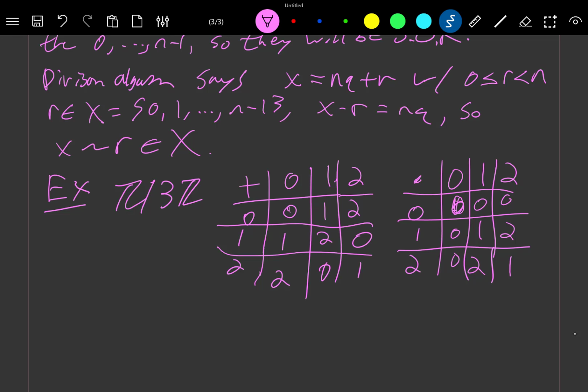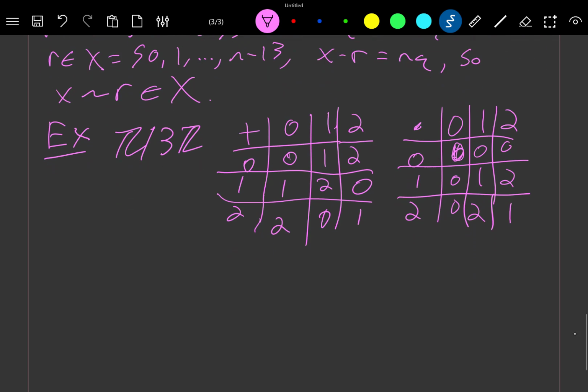Similarly, the zeros just say that if you multiply anything by a multiple of 3, you get a multiple of 3. The multiplication is a bit trickier to see, but it works the same way with the system of representatives. If you take 2 and 2 and multiply them together, you get 4, and its remainder is 1.